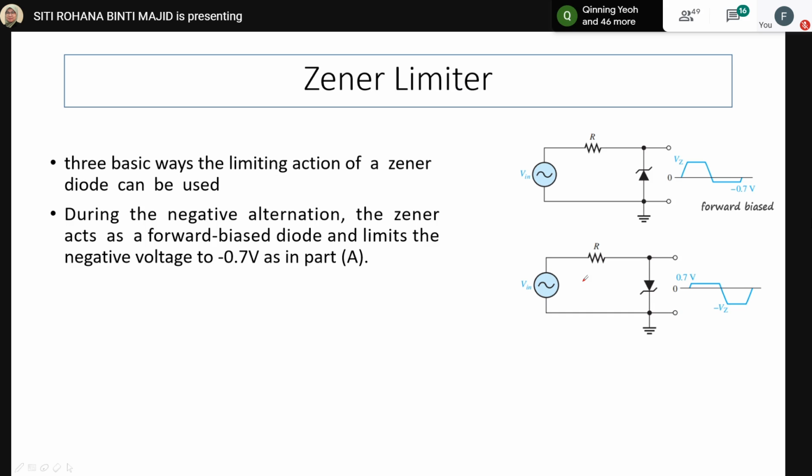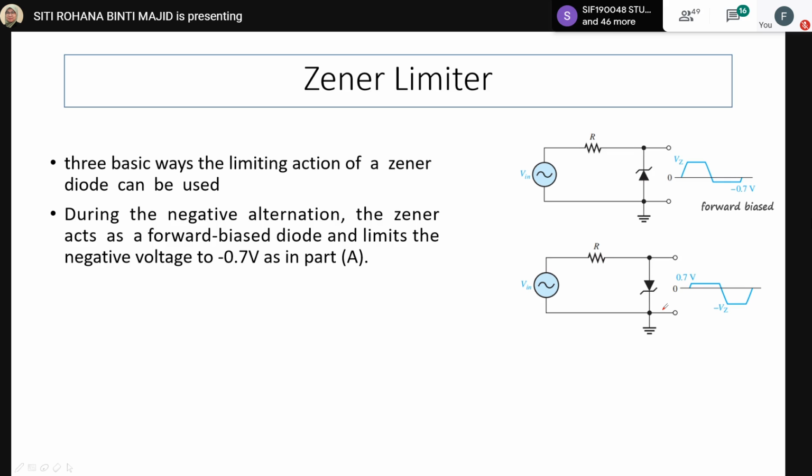Now we have a circuit with a Zener diode connected in the opposite direction. The same fundamentals apply when the Zener diode is connected with reverse polarity.